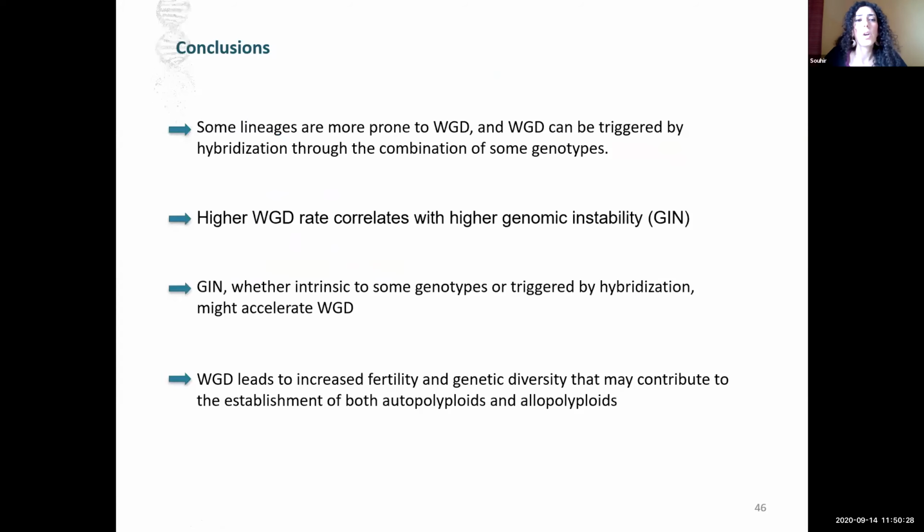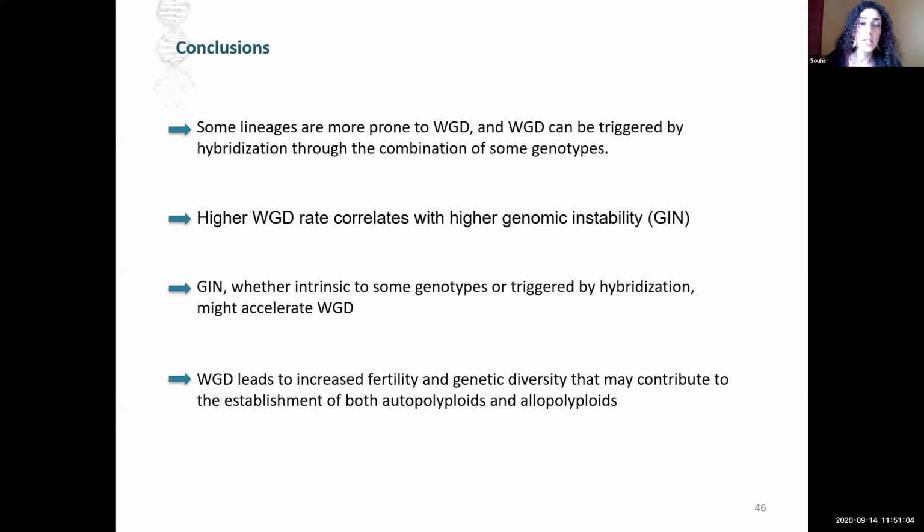So in conclusion, in this study, we tried to investigate the rate of whole genome duplication in the intralineage crosses and hybrids, and we found that some lineages are more prone to whole genome duplication, and also that whole genome duplication can be triggered by hybridization through the combination of some genotypes. We also found that a higher whole genome duplication rate correlates with a higher genomic instability.